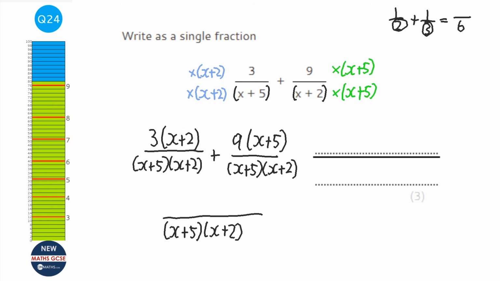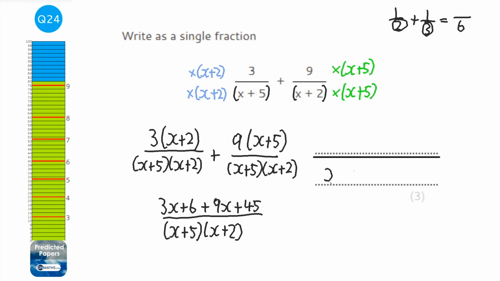Now I'm going to expand the brackets at the top, so 3x plus 6 plus 9x plus 45. Okay, now I need to collect the like terms at the top, and I'm just going to put this into my answer box. Now it might need it expanded, so I'm going to expand the bottom as well.